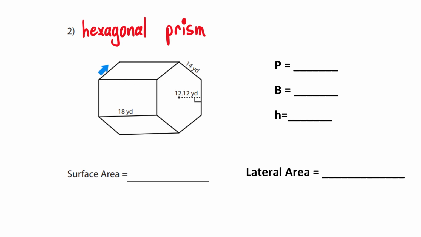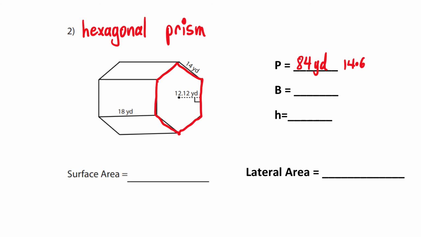Perimeter of the base. So which sides are the bases of this? It's the hexagon. So I want to find the perimeter. I want to add up these 6 sides. They're all 14. So the perimeter of the base is 84 yards.